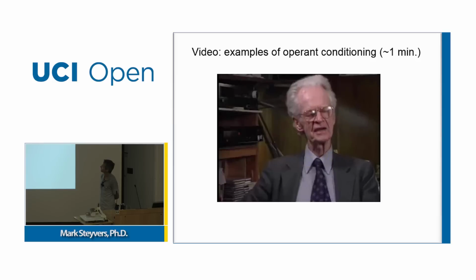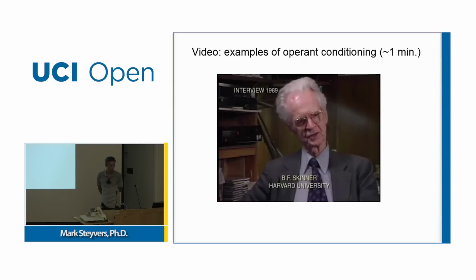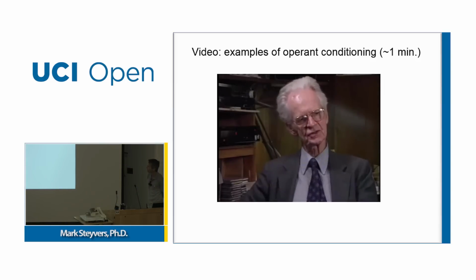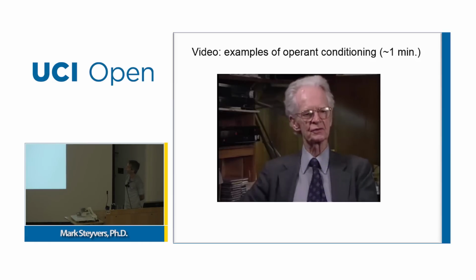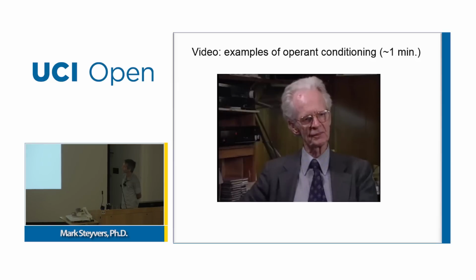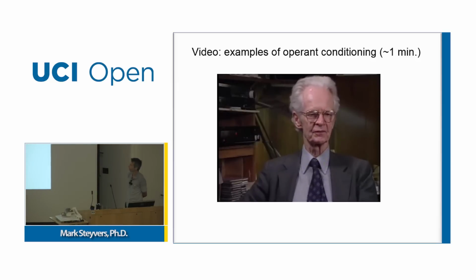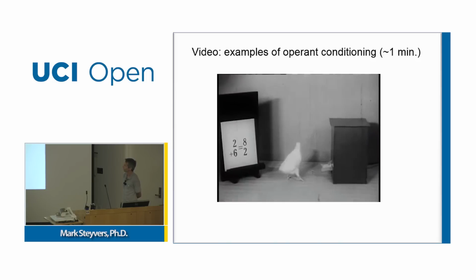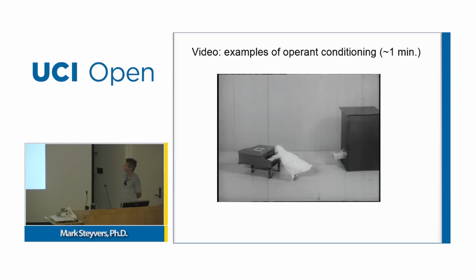Well, operant behavior is behavior which operates upon the environment and produces consequences. And operant conditioning is a change that takes place when those consequences have a particular effect. And we call the effect strengthening or reinforcing. Through operant conditioning, pigeons have been trained to peck at the correct sum of numbers and to perform all kinds of feats.